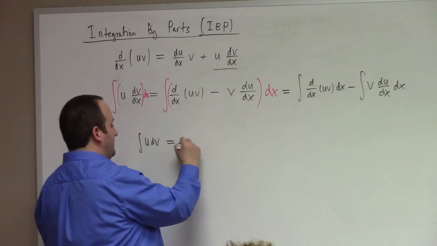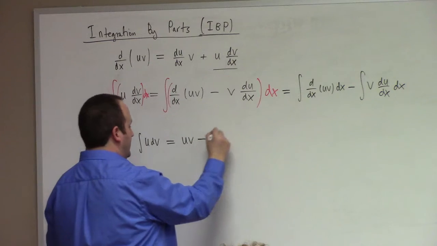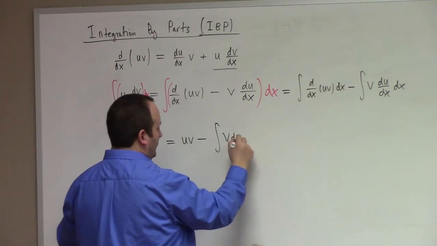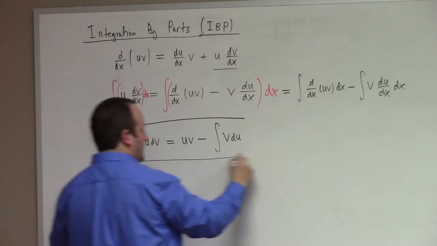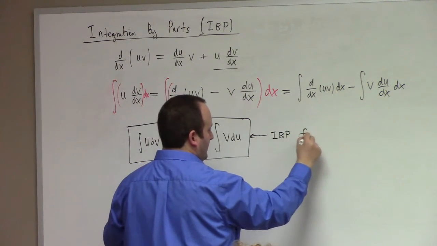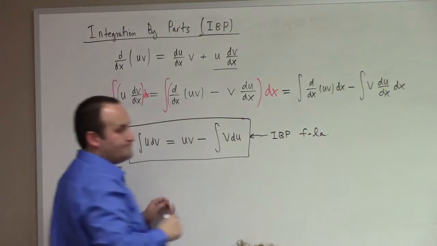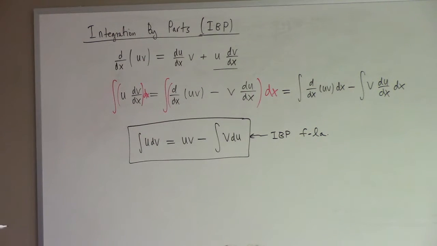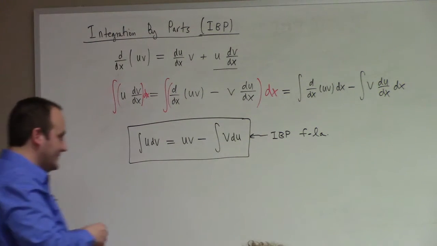That's just uv minus the integral of v du. And there you have it. This is the famed integration by parts formula. You are now part of an exclusive club that knows about this formula. Do you feel privileged? No? Okay. Just checking.